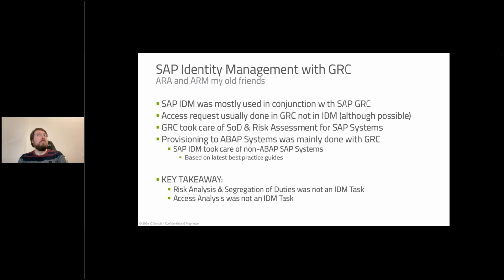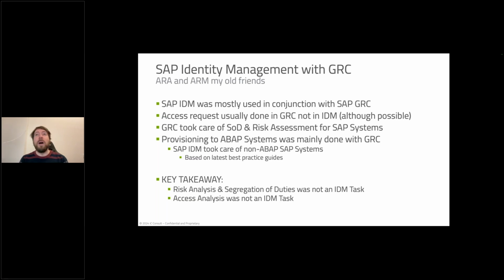Access requests, usually how I did it in the past, were done via GRC, not IDM, since we had the ARA, the risk analysis, already implemented there. So this was done mainly by GRC, and this is a component that could remain once SAP IDM was decommissioned.